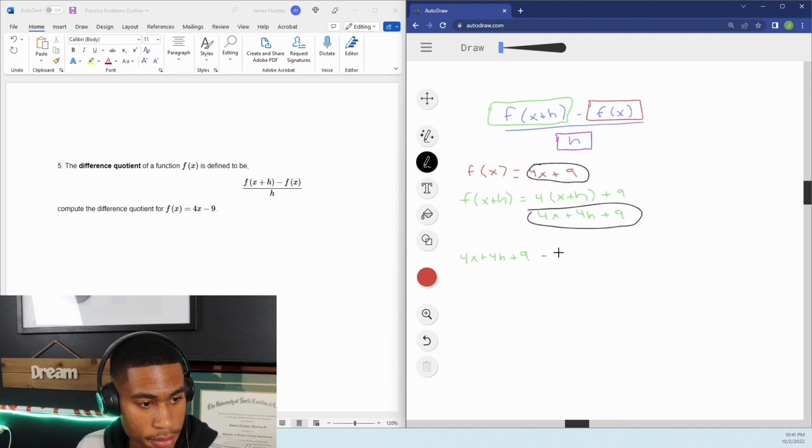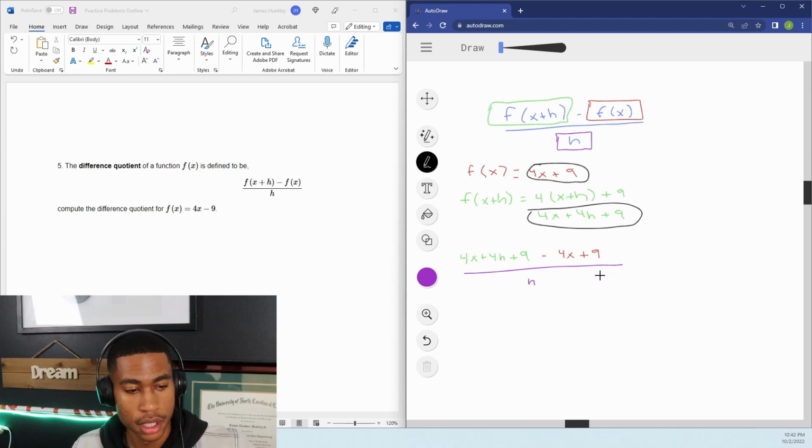And we're going to do minus 4x plus 9. We just plug this value in here. And then all over h. Okay. So now we have everything we need. I'm already seeing stuff begin to cancel out.